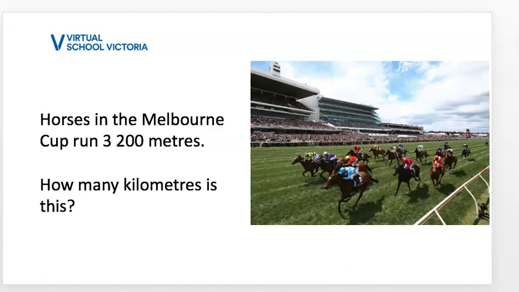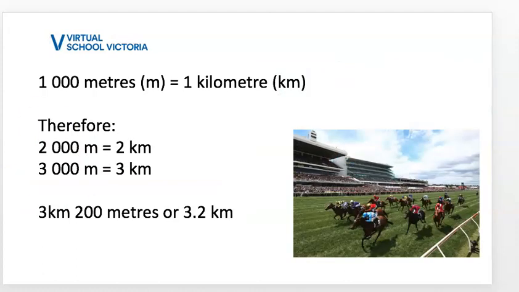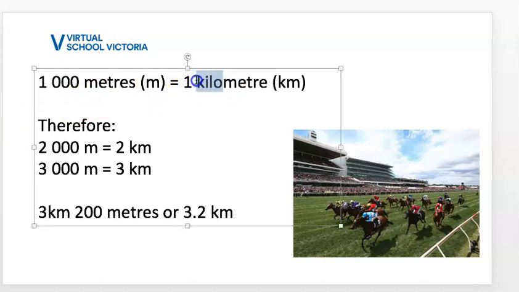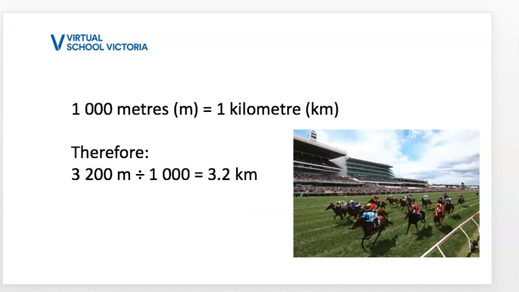Horses in the Melbourne Cup run 3,200 metres. How many kilometres is this? As you can see, a kilo is a prefix that means 1,000. So 1,000 metres equal 1 kilometre. So if we have 3 kilometres, we have 3,000 metres plus 200 metres, or 3.2 kilometres.